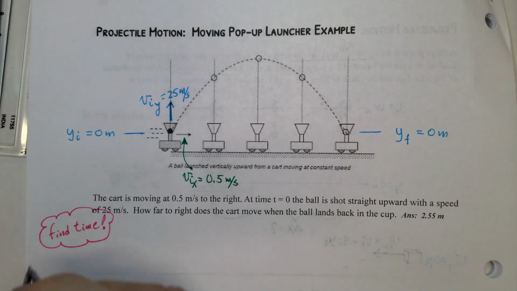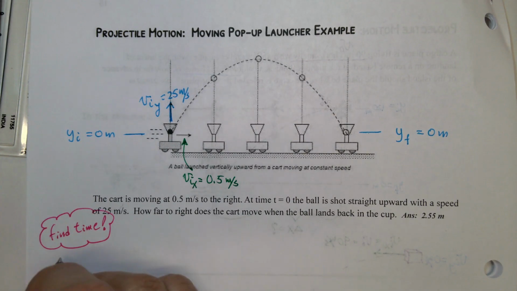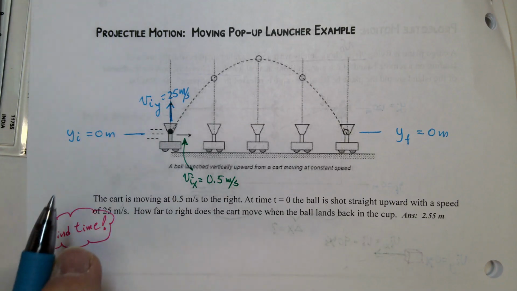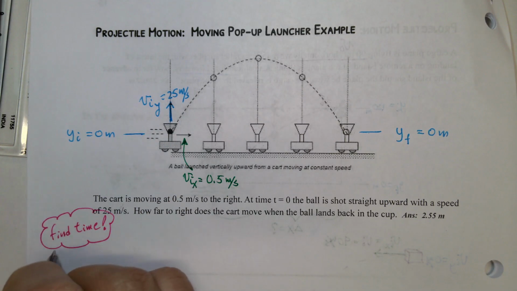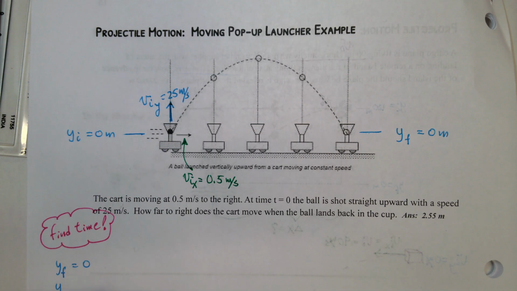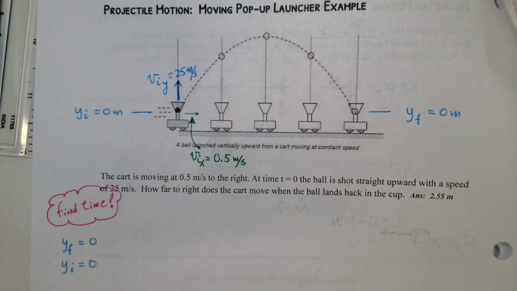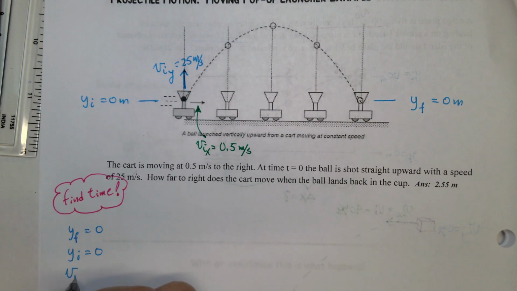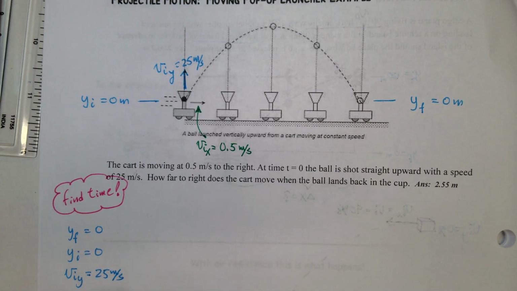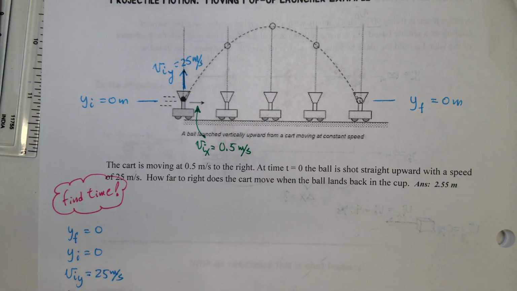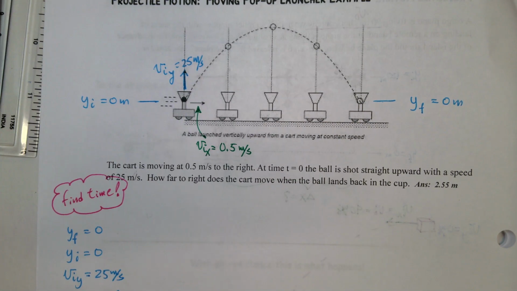Then let's write down everything we know to find time in the y direction. So my y final is equal to 0. My y initial is also equal to 0, right? My VIY is equal to 25 meters per second, right? My a sub y is equal to negative 9.8 meters per second squared.